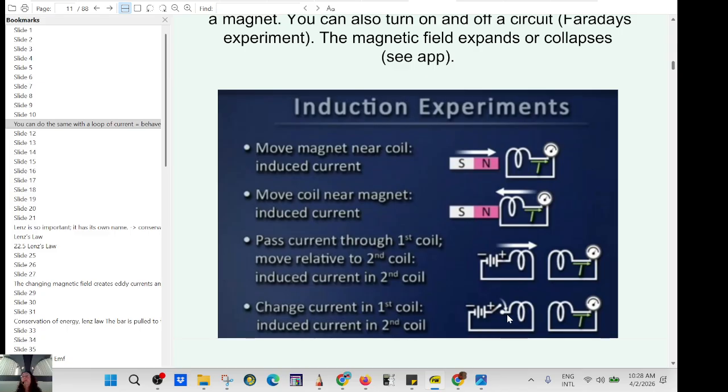So in both cases, the number of field lines will change, and you're going to induce a current or voltage, right? A magnetic field that will be produced here by the coil doesn't happen instantaneously. It takes time for the magnetic field to expand, and it takes time to collapse.